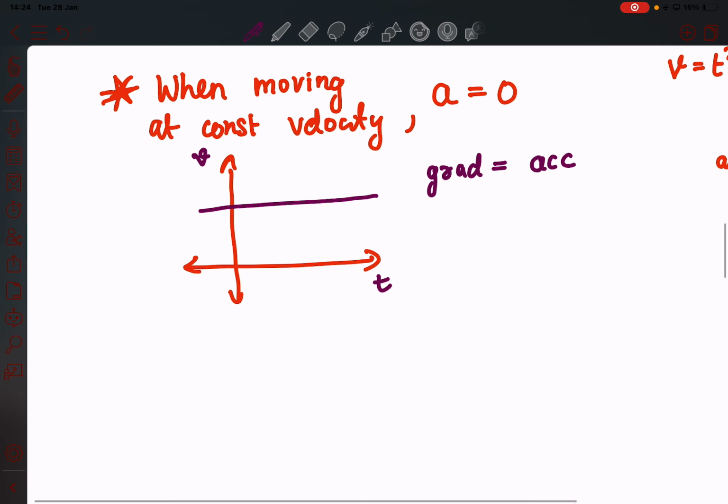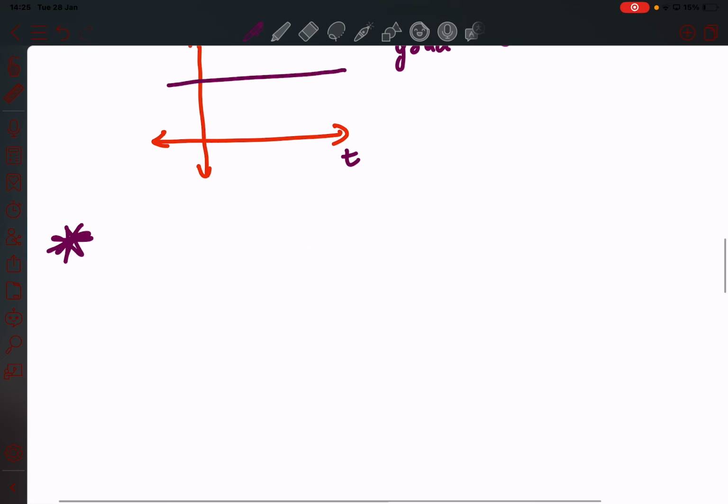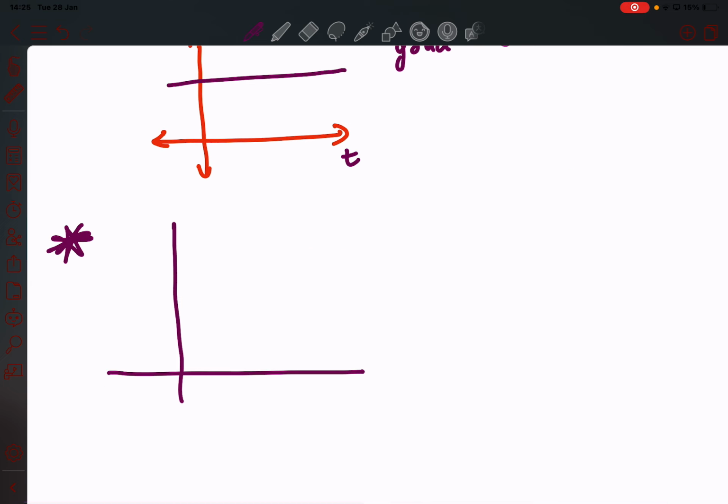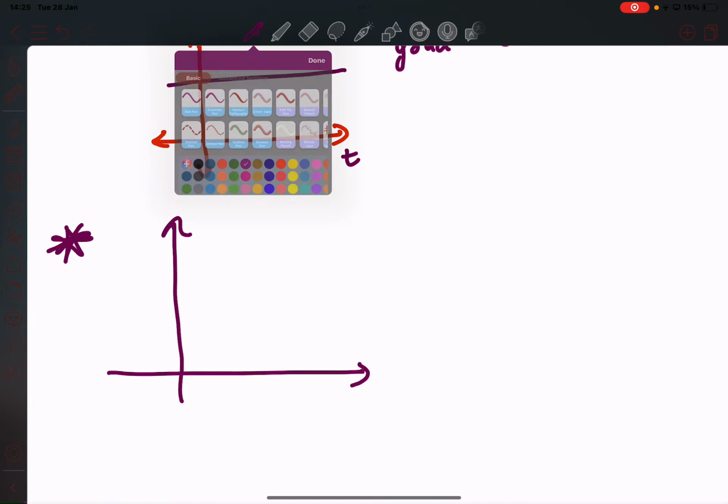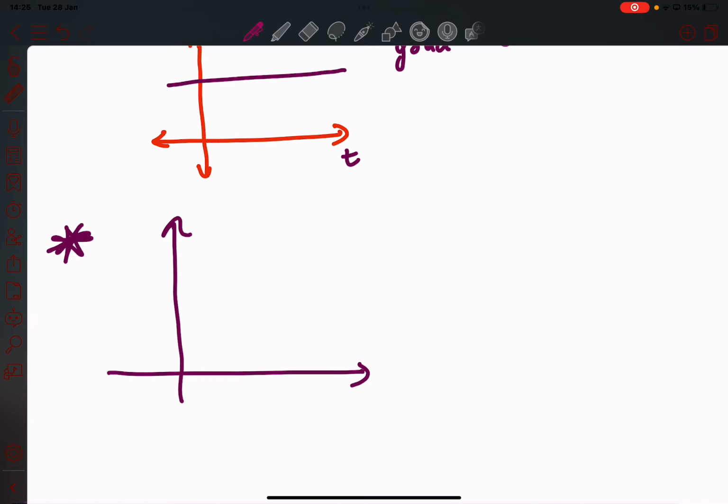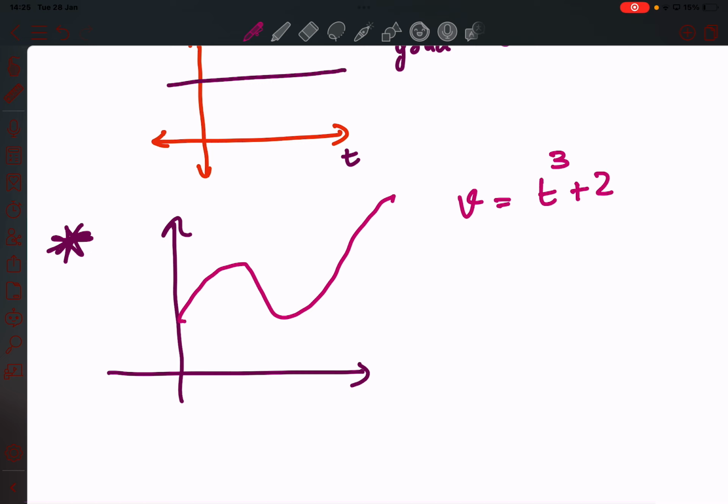Last thing that I want you to remember, let's say you have a velocity time graph with, let's say, a cubic expression. So I'm going to say velocity is equal to t cubed plus 2t plus 3. Is there anything that I can do to find my initial velocity?